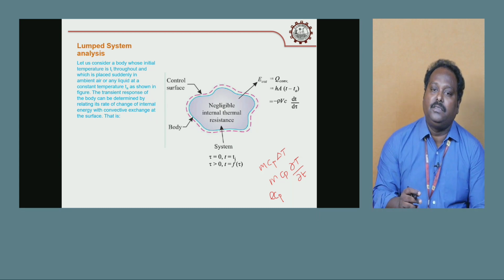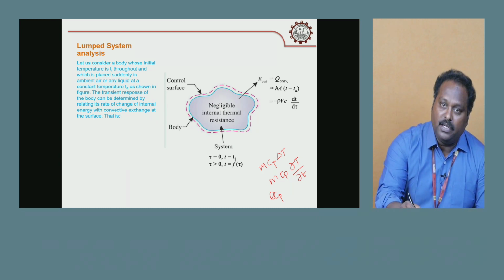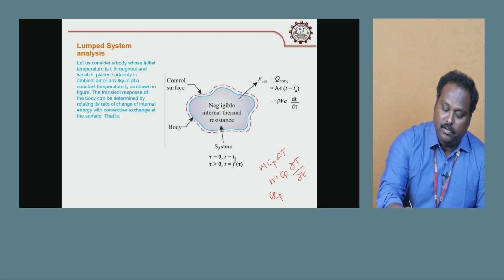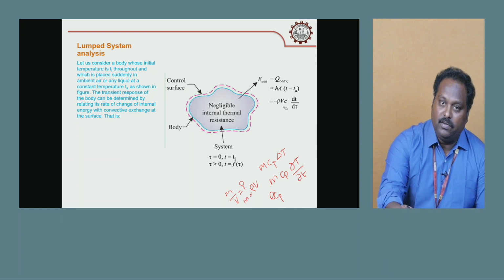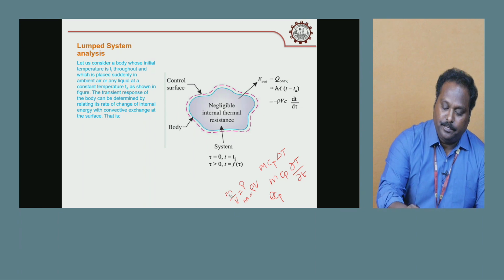Instead of mass, I can write rho V, since mass by volume is equal to density. So m can be written as rho into V. So the equation you are seeing is like this.